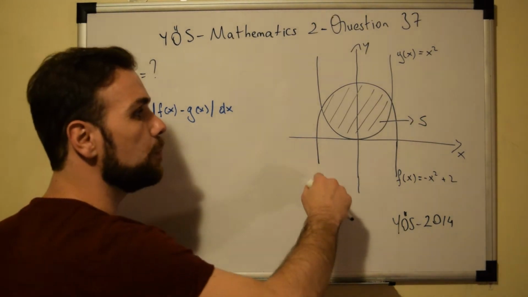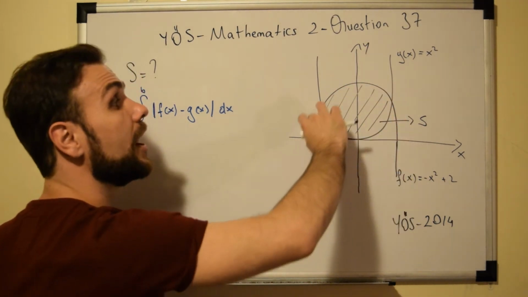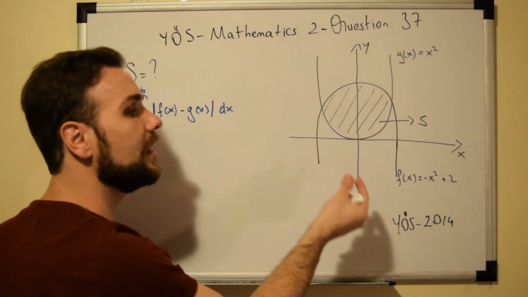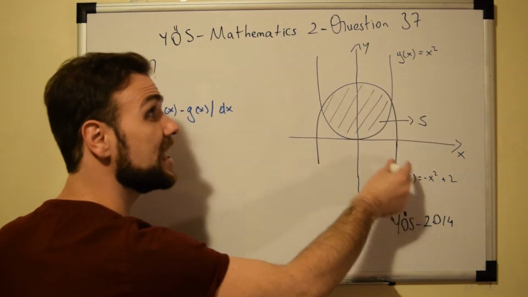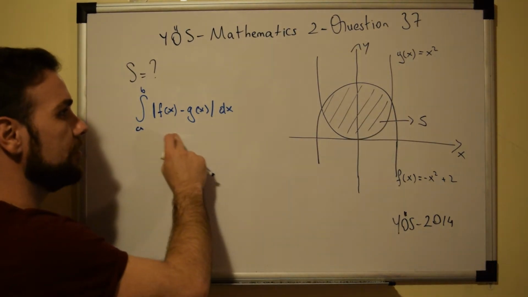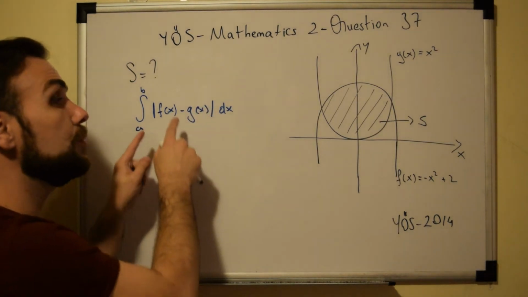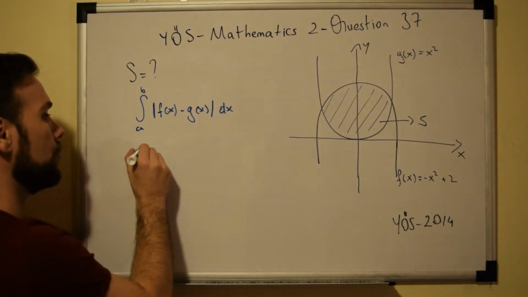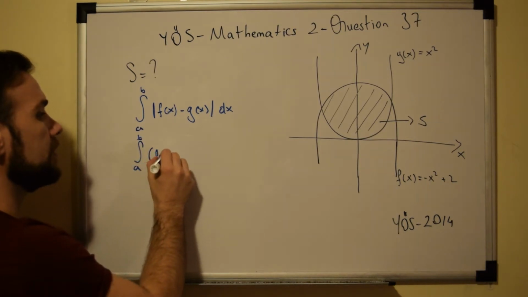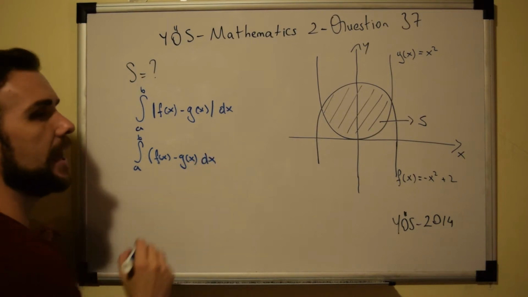We see that the points of the function f(x) are higher in value compared to the function g(x). Therefore, f(x) is greater than g(x), and this expression will come out of the absolute value the way that it is. Therefore, we have the integral from a to b of f(x) minus g(x) times dx.